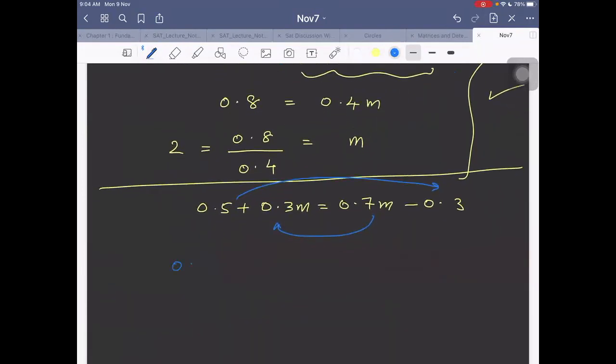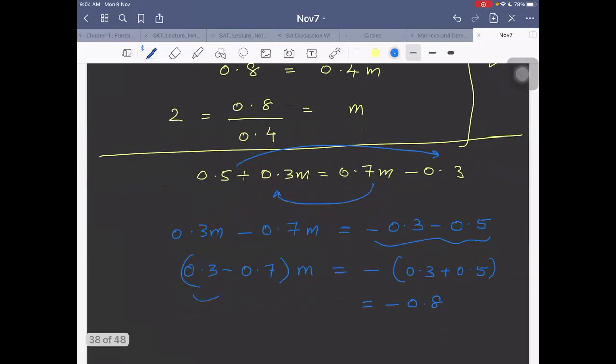It will be 0.3m minus 0.7m is equal to minus 0.3 minus 0.5. Right. And this will be 0.3 minus 0.7 times m. And here it will be minus of 0.3 plus 0.5, which is minus 0.8.